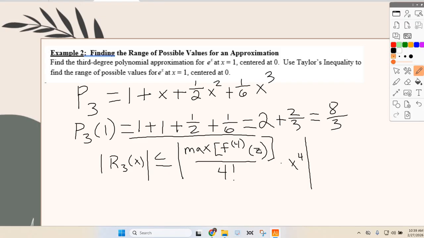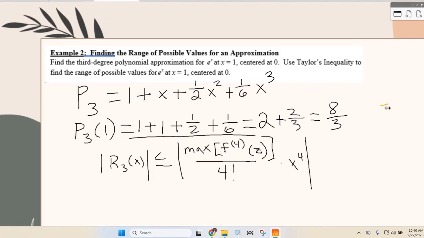Where does z have to live? In between where your center and my approximation are. So what is my interval then that z has to be in? 0 to 1. Alright, I'm okay with that. Because remember, at the end of the day, we are never actually going to find z.